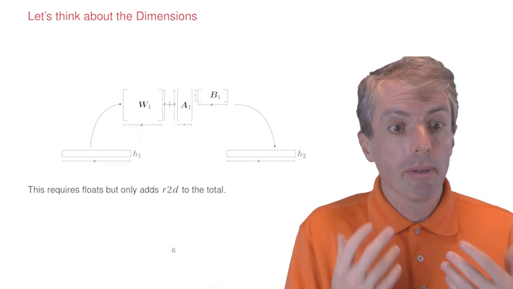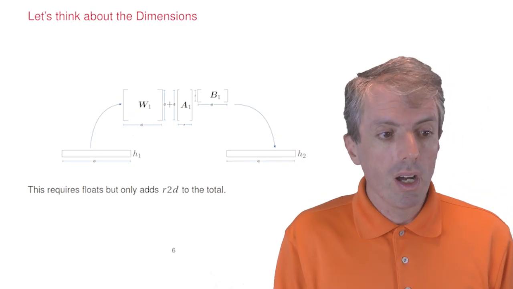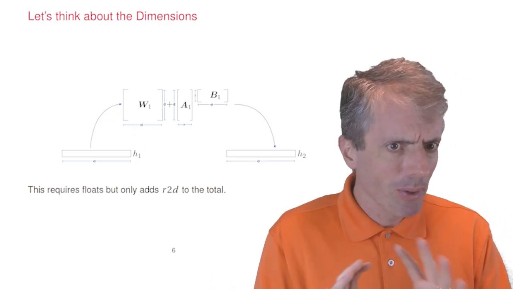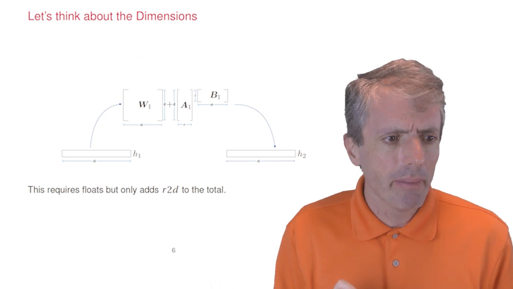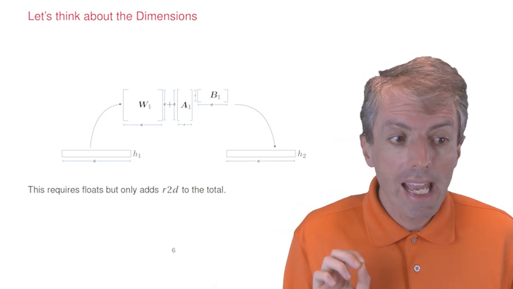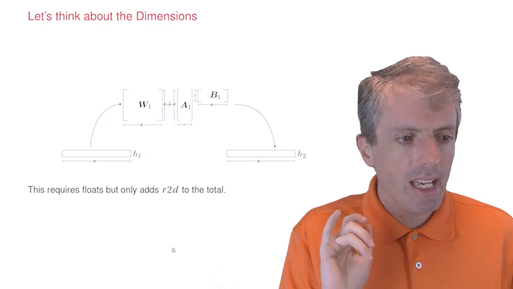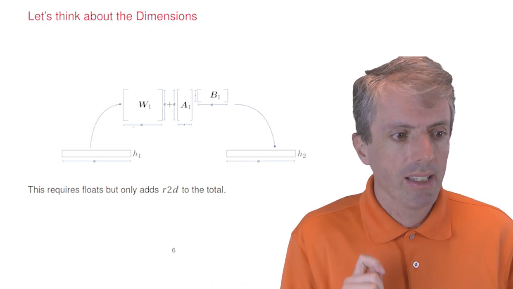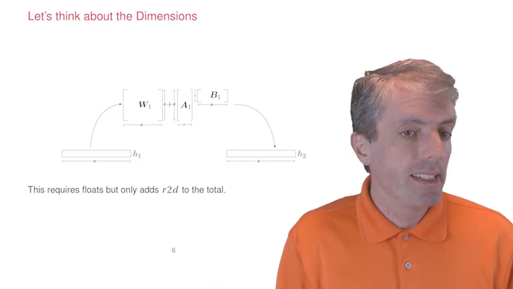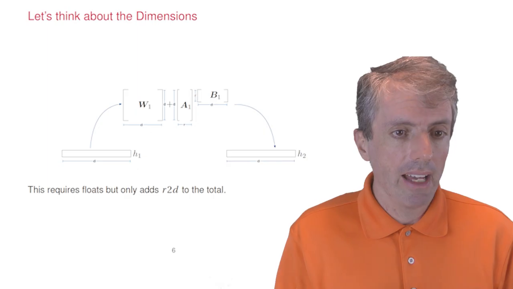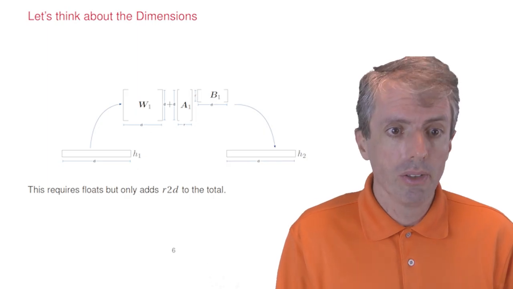So let's say that the original matrix, W1, was a d by d matrix. I had big D before as the delta, here's little d as the dimension. So then we have a d by r dimension for A, and then we have an r by d dimension for B. If you did a full update, you would need a d squared matrix, but now we just need to add r times d to the total.